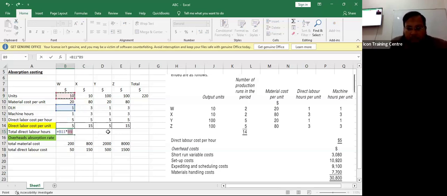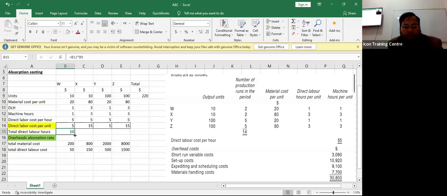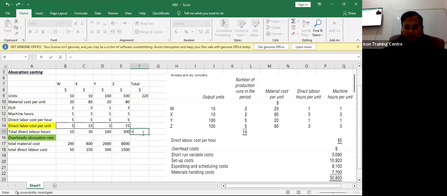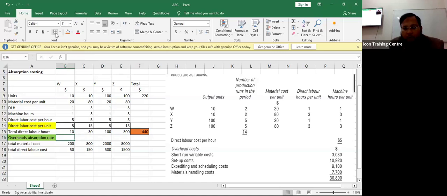Multiply by 10. Yes. So it will give you the total sum of this column. Right, sir? So this is your total direct labor hours.